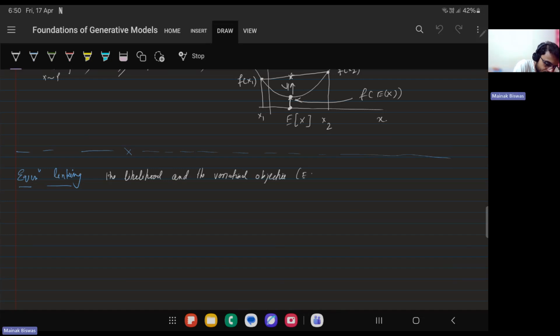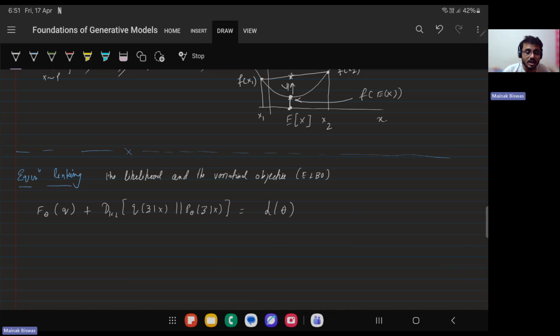That is the ELBO. The ELBO F_theta(q) plus D_KL(q(z|x) || p_theta(z|x)) can be written as the likelihood of the data, L_theta. This is what we have shown just now.